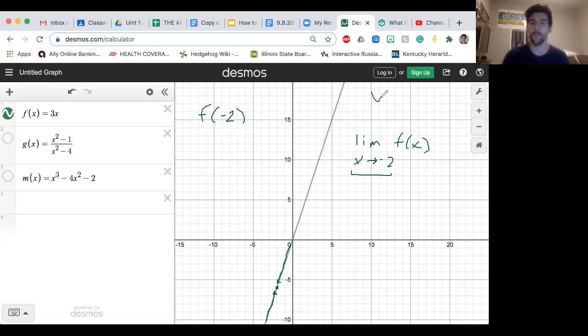We want to know what is the y value, what is the output value. So in this case, the limit and the function notation both produce the exact same outcome, because as we approach -2 on the function, the y value we approach is -6. I'll show off in the next one why that's an important distinction, but at the most basic level, limit notation and function notation are both asking the exact same question.